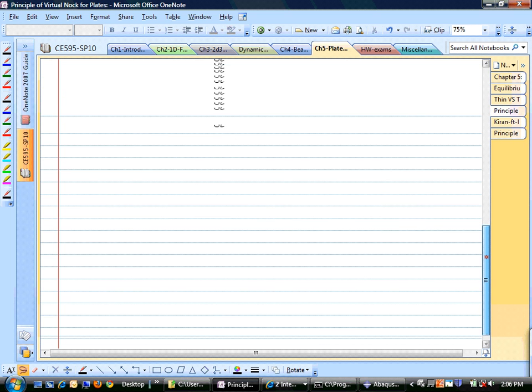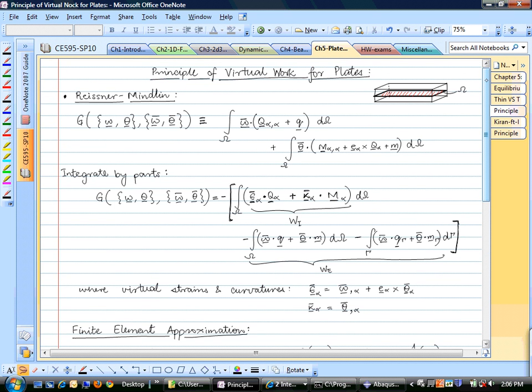So after that, all that we do is something very familiar. We will take our equilibrium equations. This is the equilibrium for in-plane shears and moments. Multiply them with virtual displacement, virtual rotation, integrate by parts, and what we end up with is our weak form.